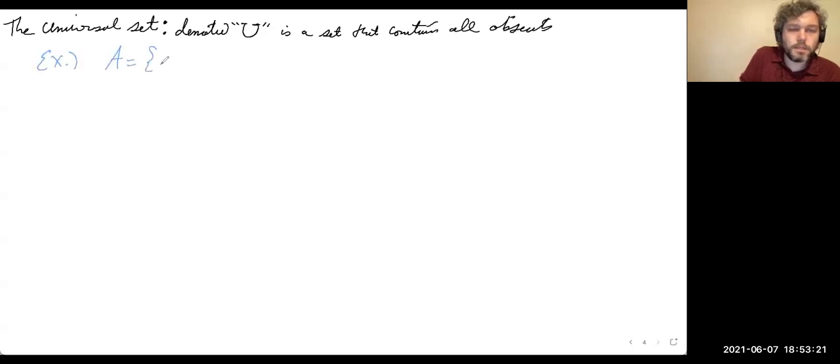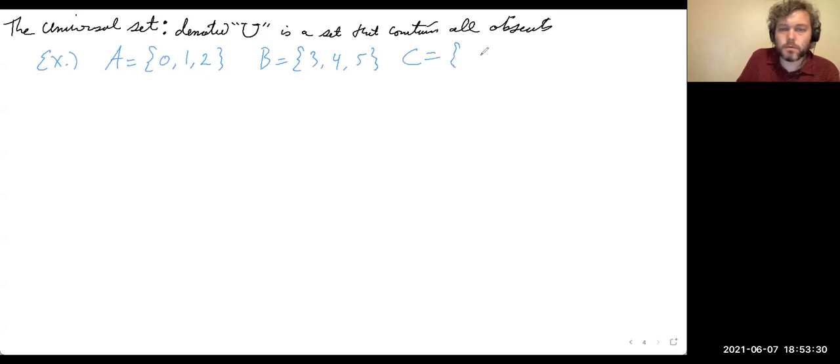So in our example, we had A equaled 0, 1, 2. We had B equaled 3, 4, 5. And we had C equaled, I think, 2 and 3 and 6. And so the universal set for this is the set that contains all objects. So this would be 0, 1, 2, 3, 4, 5, 6.